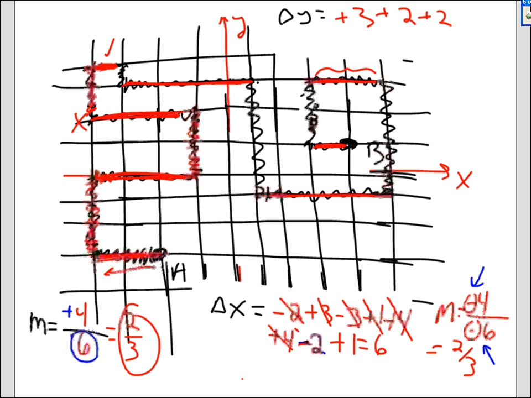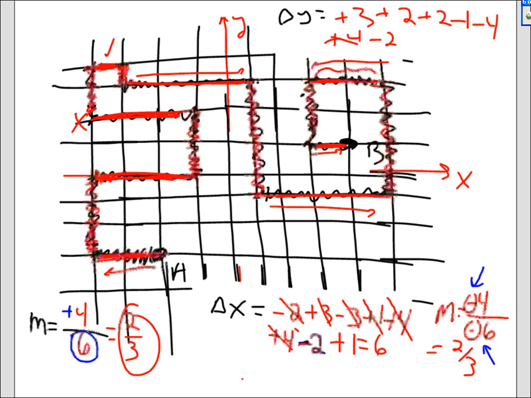Then I went to the right, and then I went down 1, -1. Then I went to the right a lot, then I went down 4. Then I went to the right, then I went up 4. I went to the left, and then I went down 2, and then I went to the right, and I'm at B.